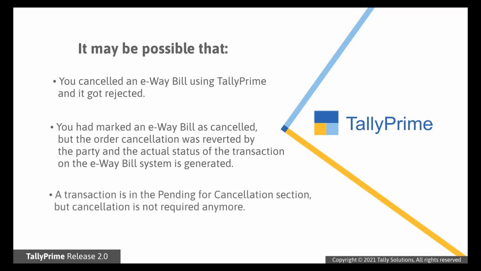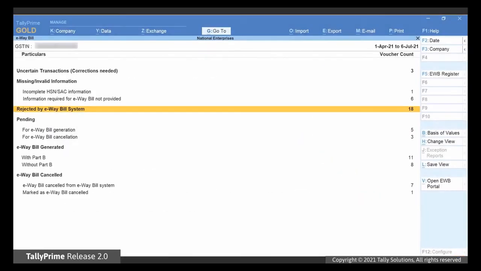Furthermore, the transaction can be in the Pending for Cancellation section, but there is no need to cancel it anymore. For such cases, let's see how to undo cancellation of e-way bill in Tally Prime to update the e-way bill report.